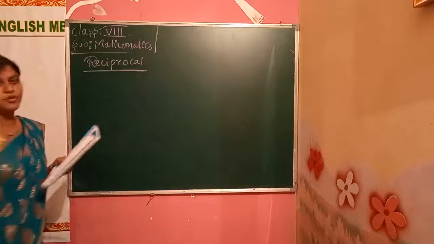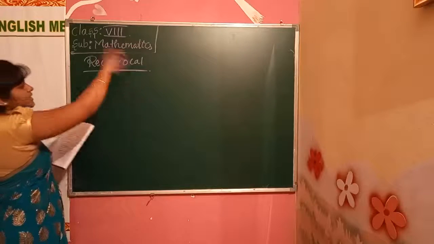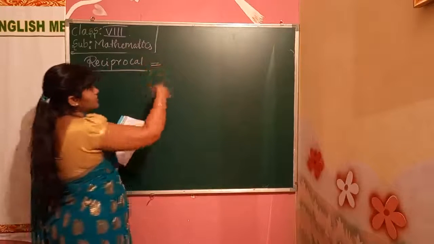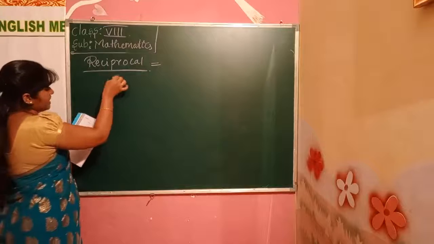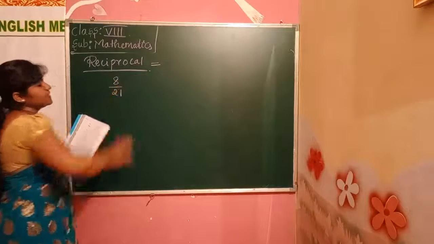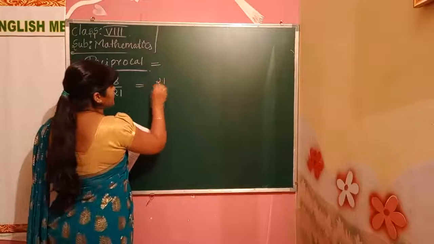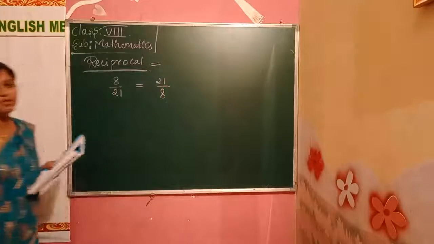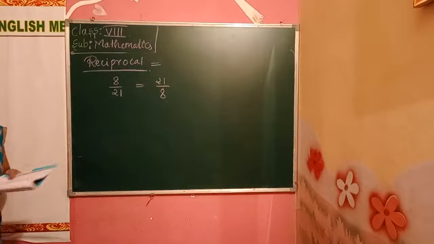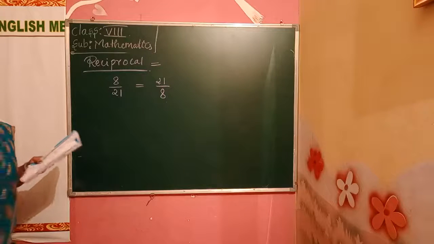Reciprocal means making it in the reverse order. If we have an example 8 by 21, the reciprocal of 8 by 21 will be 21 by 8. The reciprocal of a number is like this, making it in the reverse order.